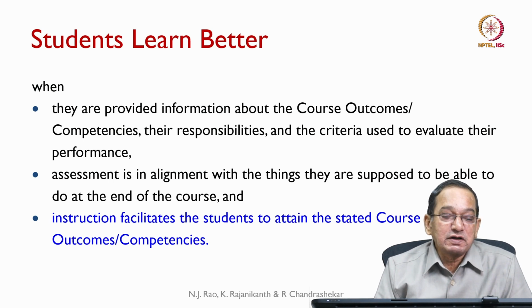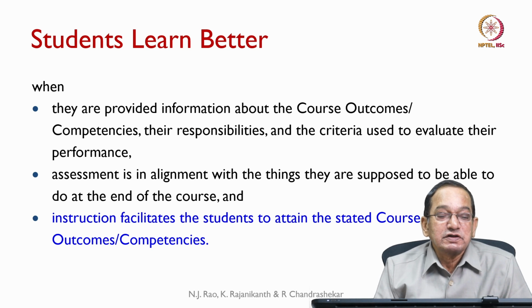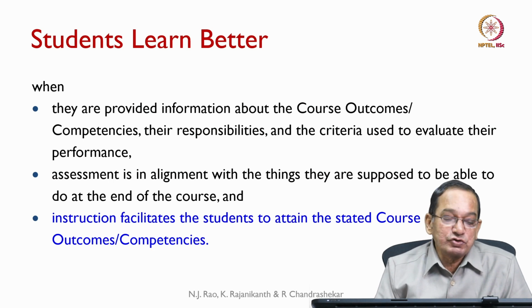Students learn better, and this has been proved in several empirical studies, when, first, they are provided information about the course outcomes or competencies, their responsibilities, and the criteria used to evaluate their performance. That is very important.